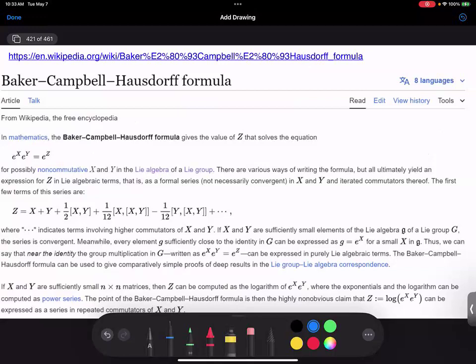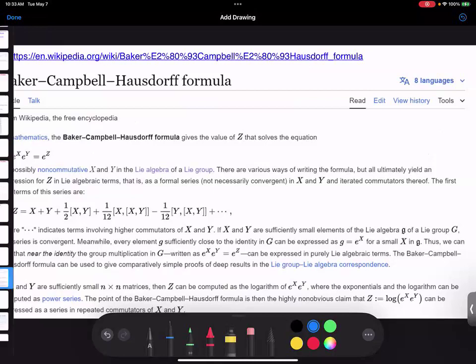So if X and Y commute, it's 0. The next term is 1/12 the commutator of X with the commutator of X and Y, minus 1/12 the commutator of Y with the commutator of X and Y. So if they commute, they're 0. So you can see that all the other terms will vanish if they commute. And if they're close to commuting, the hope is that these higher powers become less and less important as you go deeper and deeper in your expansions.